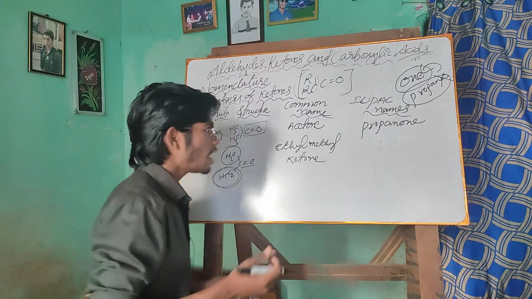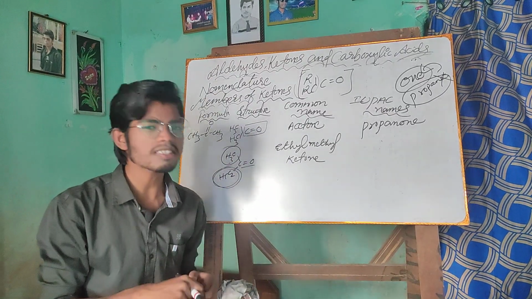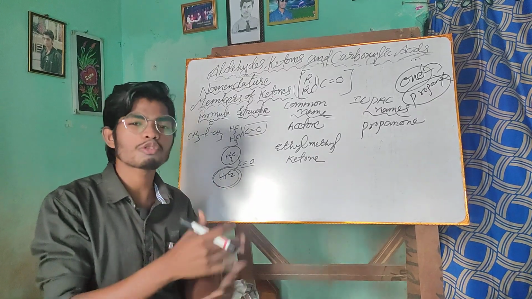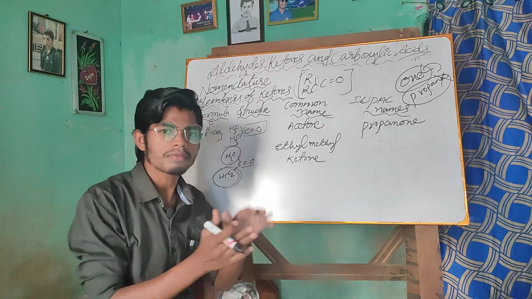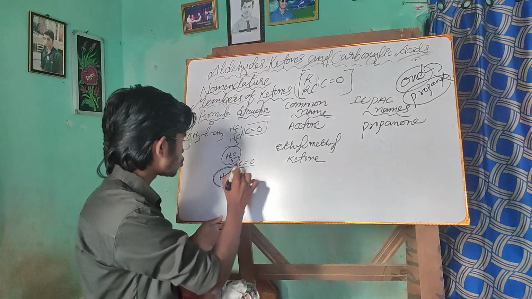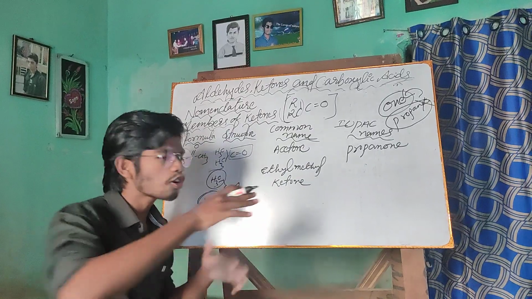Similarly, I can write the IUPAC name. The IUPAC name is very simple. First of all, you write the number of carbon atoms. On the basis of the number of carbon atoms, you can say whether it is propane or butane or pentane or whatever it may be. Then you find out the suffix of the member. How many carbon atoms are there? 1, 2, 3, 4. So 4 carbon atoms are there, which means I can write butane.